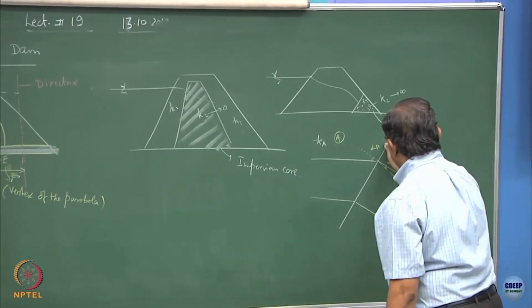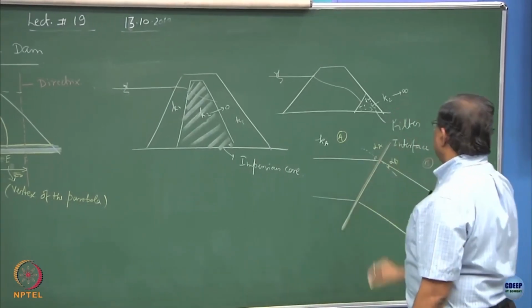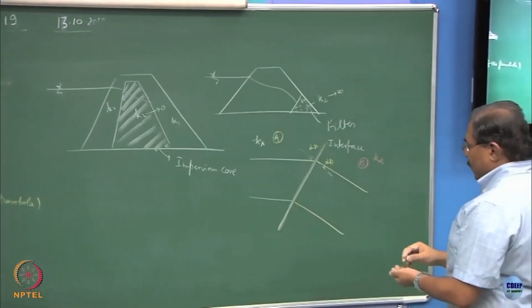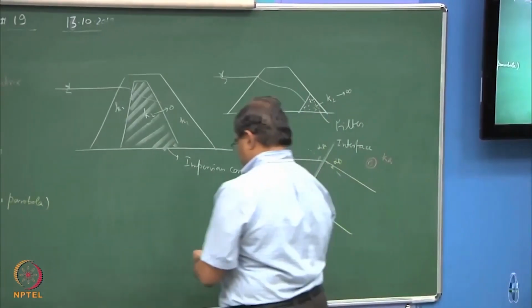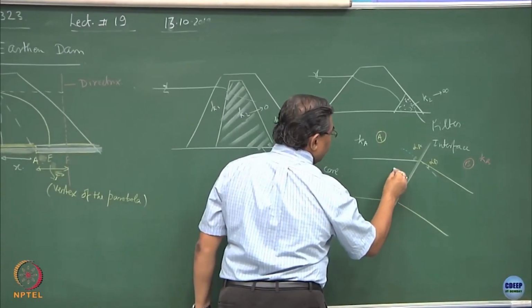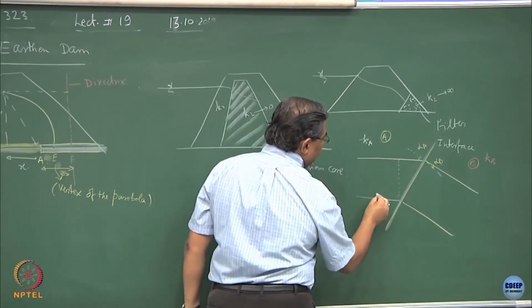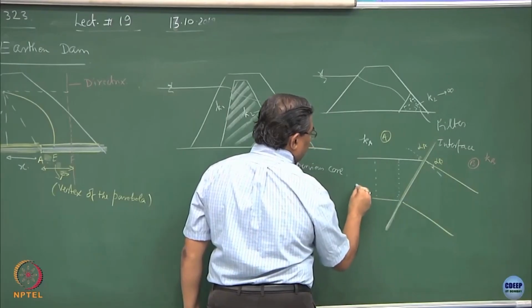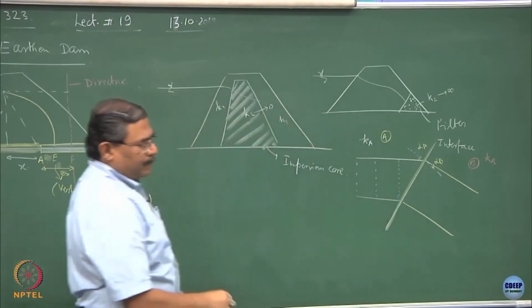I will show the interface as a thick line. I can draw the flow nets. This is the first equipotential line, second equipotential line, third equipotential line.